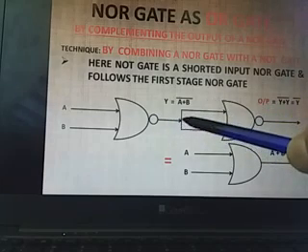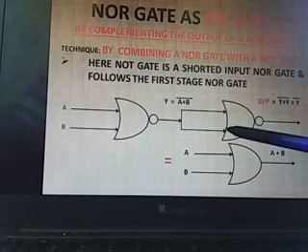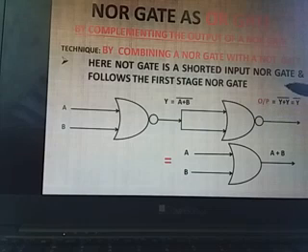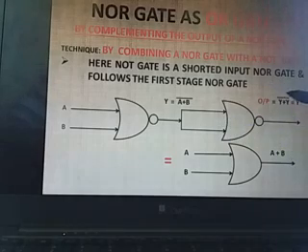Here we are receiving y at this terminal and at this terminal as well. So the final output will be complement of this y plus this y. As clarified in the previous part, what will be y plus y? It will be y simply. Clear?